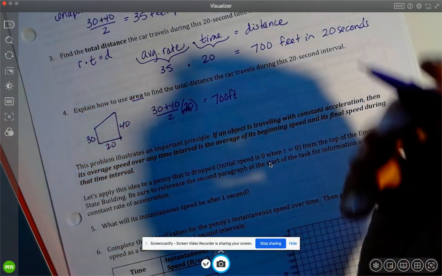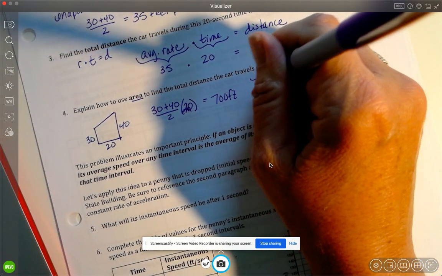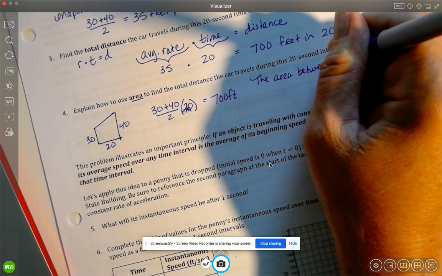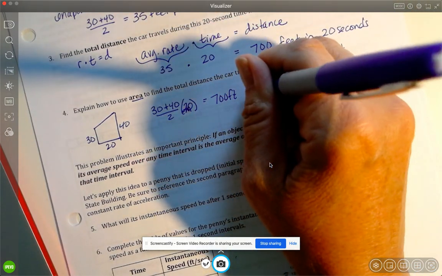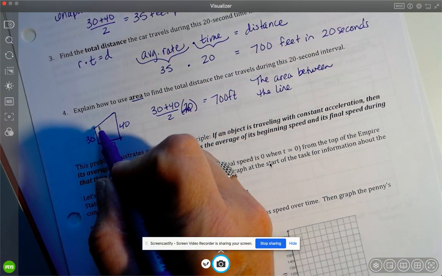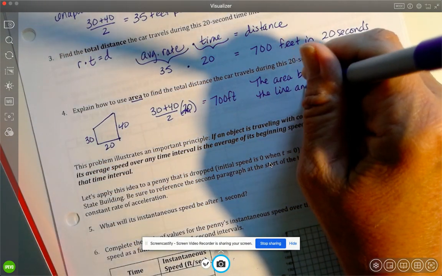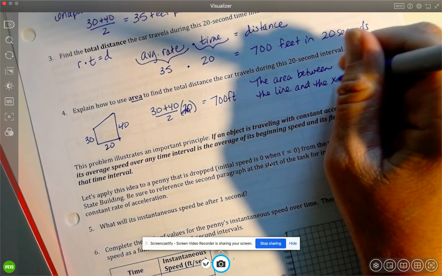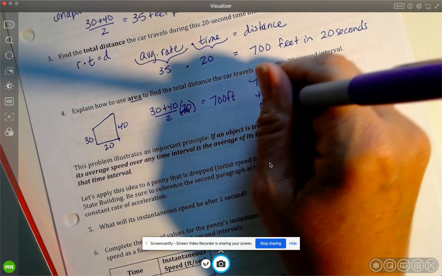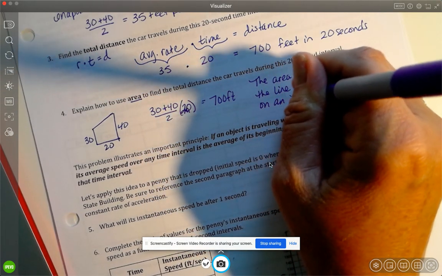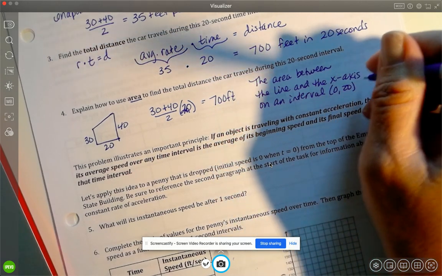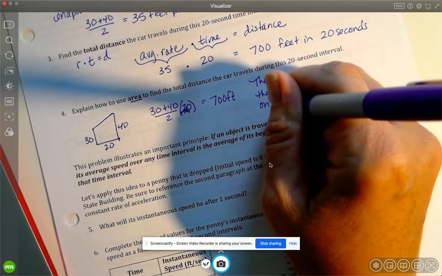So the explanation is the area between the line, like this line that we graphed, and the x-axis on an interval 0 to 20 is distance traveled.